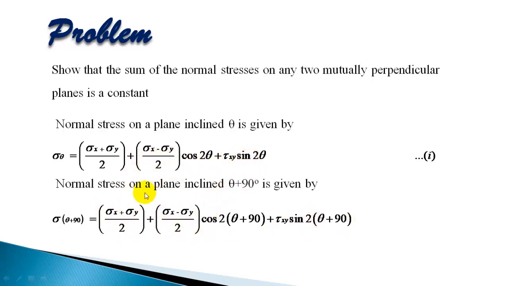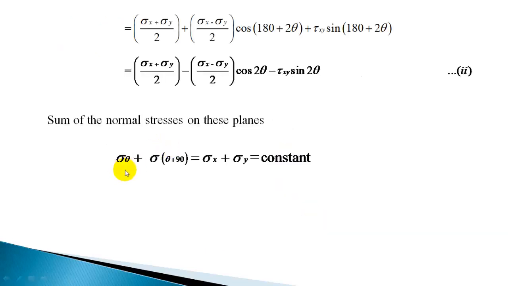So adding these two, the second term and third term will get cancelled. The term sigma x plus sigma y by 2 is repeated twice while adding, so you get sigma x plus sigma y. So sigma theta plus sigma theta plus 90 equals sigma x plus sigma y.